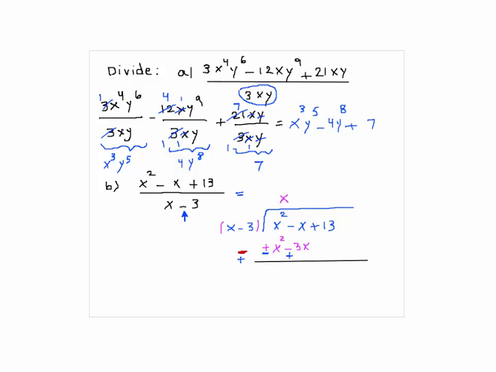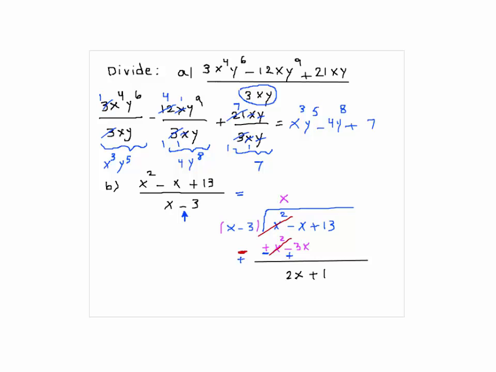So now I can add these two. So x to the power of 2 minus x to the power of 2 adds up to 0. So here, as Danielle says, negative x plus 3x gives you a total of 2x plus 13.